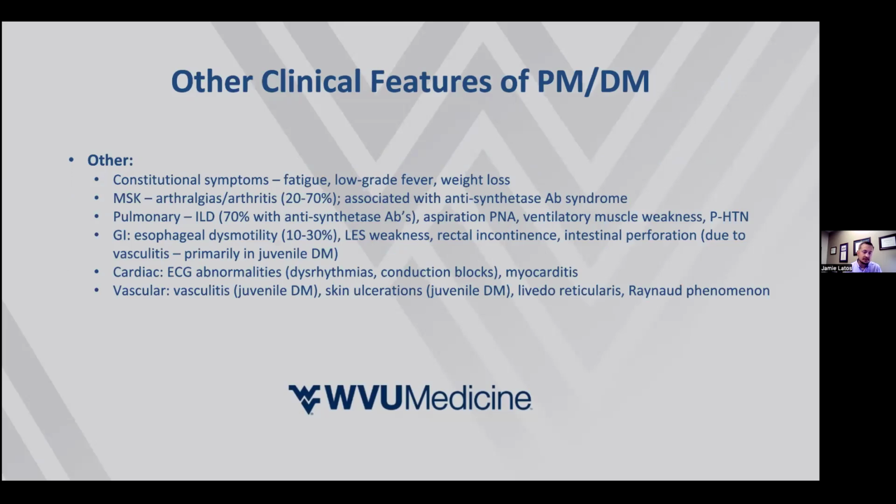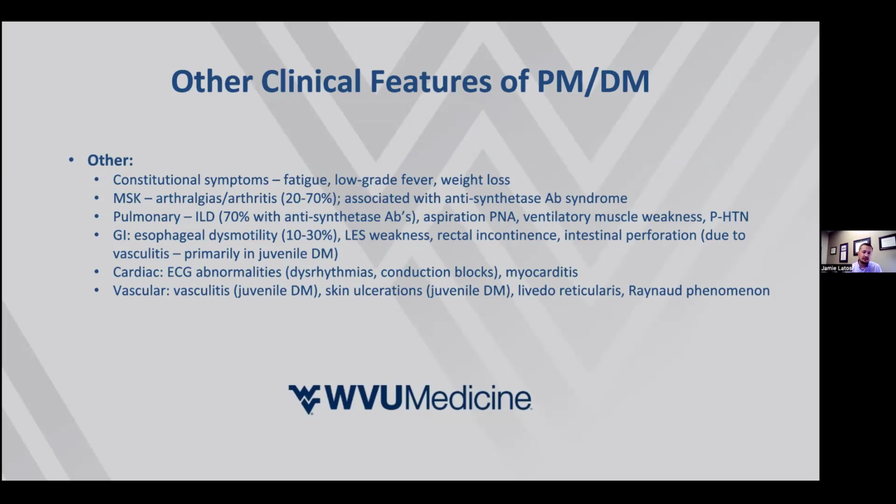And then because these are systemic diseases, not just attacking skin and muscle, they can have a whole slew of different manifestations. Highly inflammatory things generally make people feel just unwell. And so oftentimes patients will report that they've been more fatigued. They may have low-grade fever or chills or sweats, unintentional weight loss.